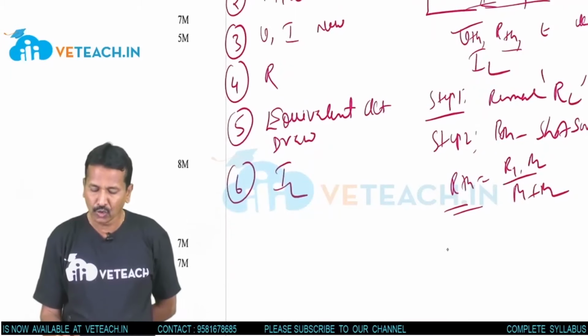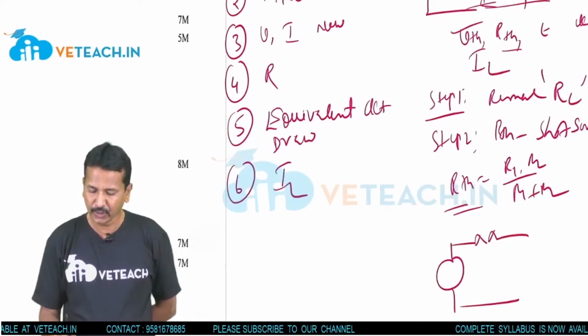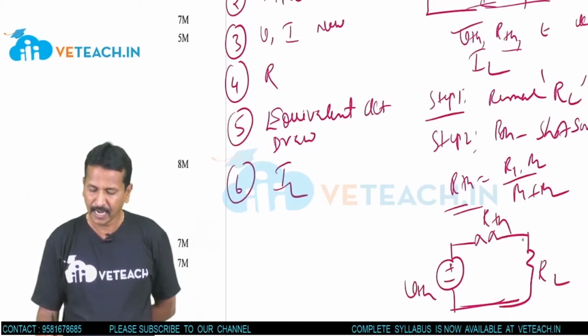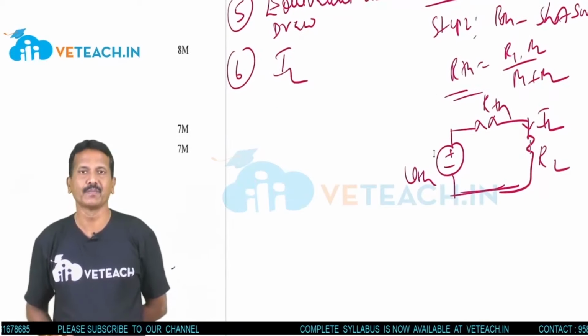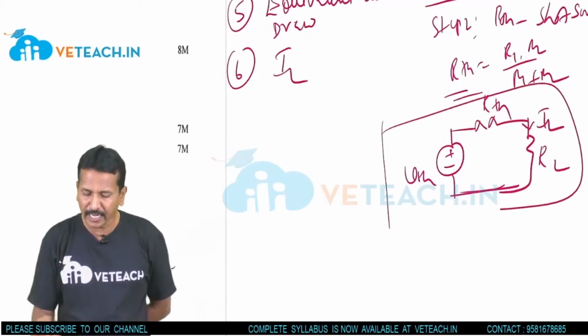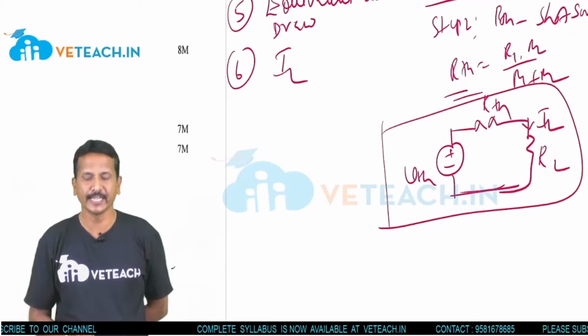And third, to draw the equivalent circuit diagram. This is VTH, this is RTH, this is RL. Across RL, current IL is flowing. Okay. A big network is minimized to a small network, that is Thevenin's equivalent circuit diagram.